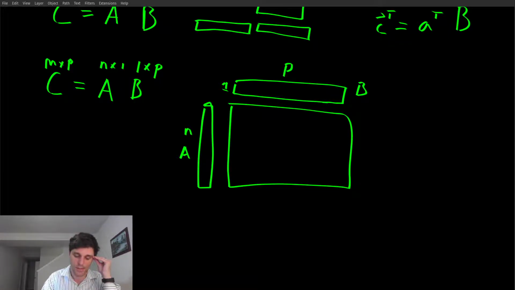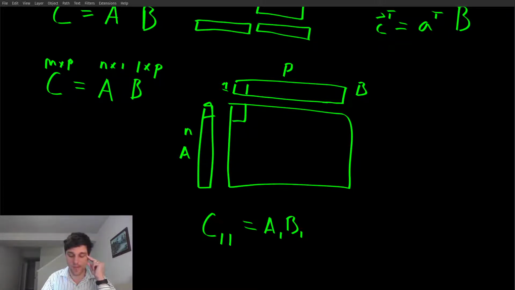So let's think about C11. C11 is the inner product of this row with this column, right? But each one of those only has one element. So if we think of them as vectors, then C11 is A1 times B1, right?